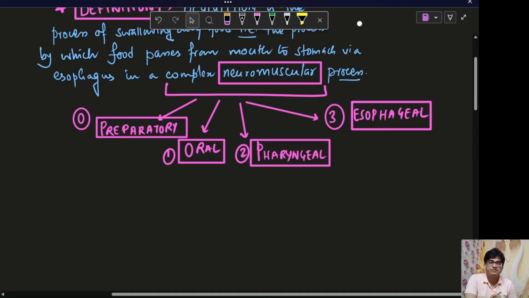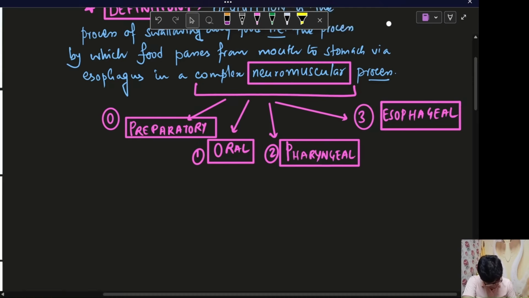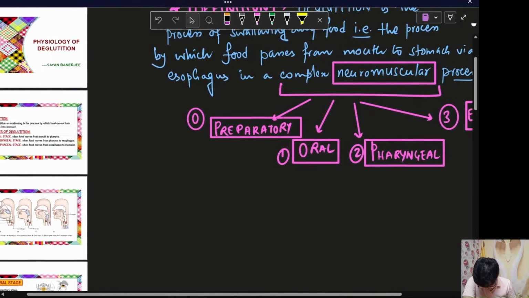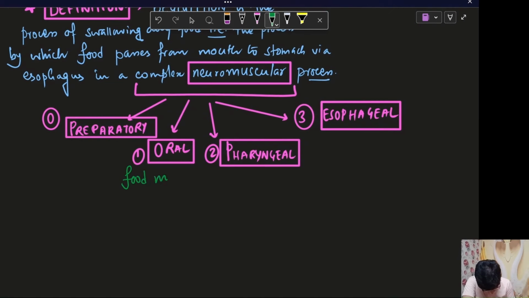The oral stage means when the food is in the oral cavity and it has not reached the pharynx, rather the oropharynx. Correct? So, oral phase is actually the phase when the food moves from mouth to pharynx.